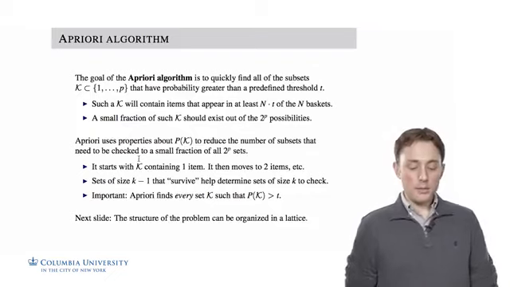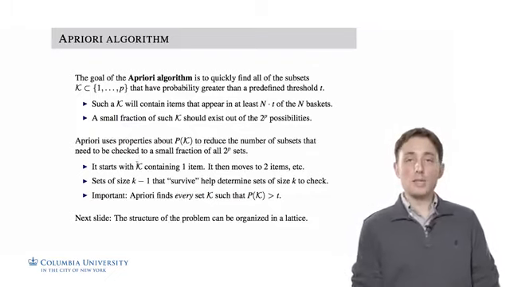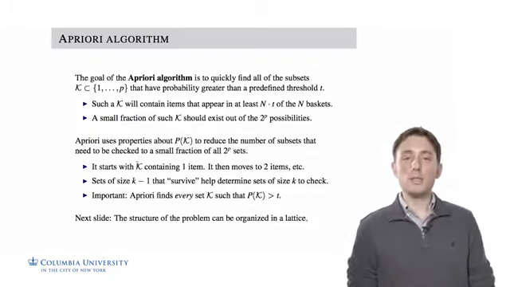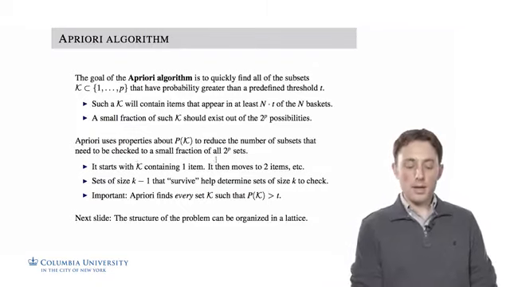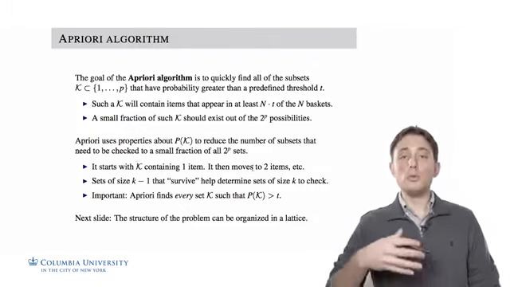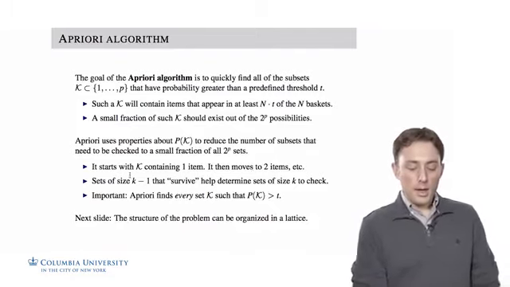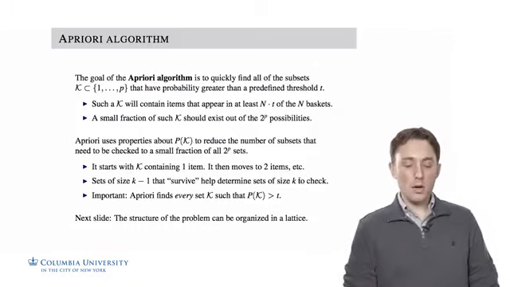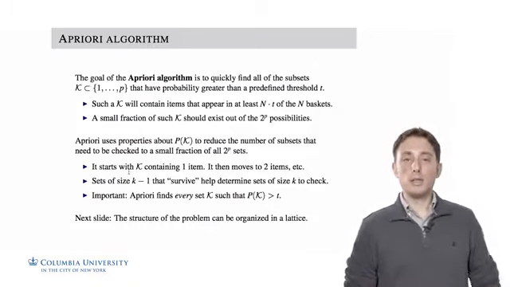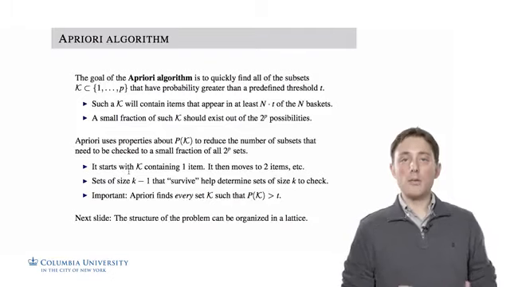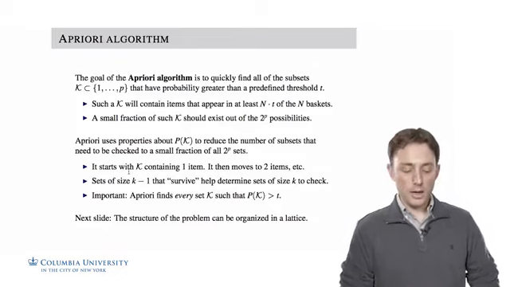So it's going to start by constructing all subsets of size 1. It's going to first check every single subset of size 1. It's then going to have some subsets surviving, some not surviving, and then based on that it's going to move on to subsets of size 2, and so on. And only the subsets of size k minus 1 that survive this process are going to factor in when constructing subsets of size k to check.